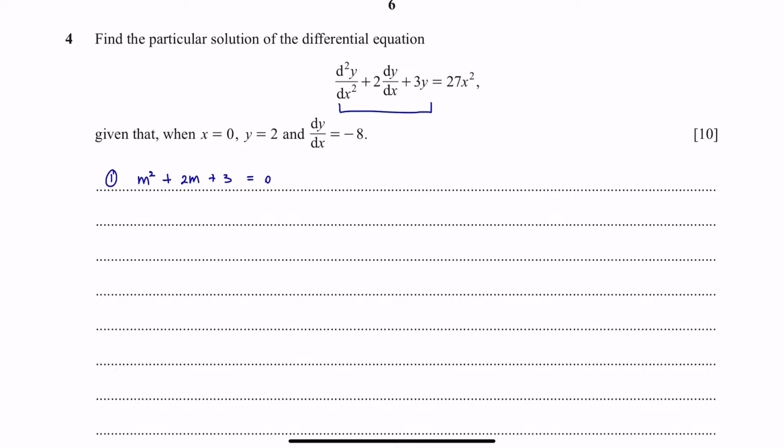And we solve for m. So m is negative 2 plus minus the square root of 2 squared minus 4 times 1 times 3, over 2 times 1. So the answer would be negative 1 plus minus root 2 i.